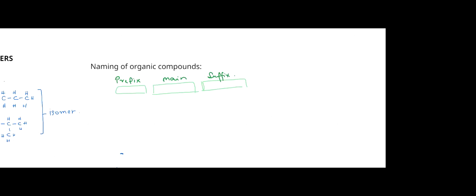In the main name, you're going to write down the number of carbon atoms. Okay. What are you going to write down in the suffix? In the suffix, you'll write down the name of the functional group. I'll explain that in just a second.